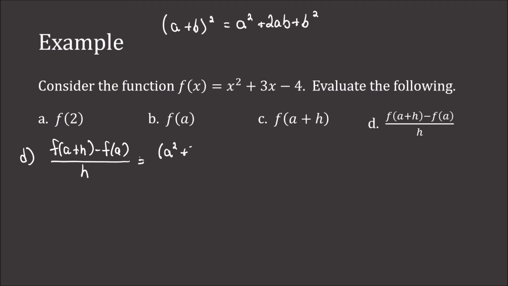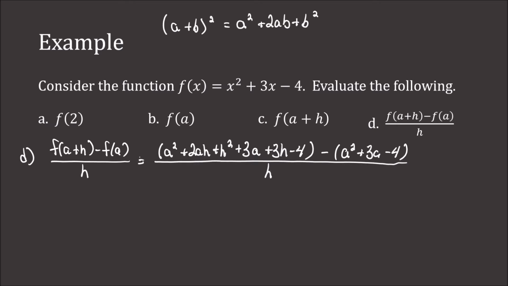That was a squared plus 2ah plus h squared plus 3a plus 3h minus 4. We also already found f of a, that was a squared plus 3a minus 4. Now that whole thing is going to be divided by h. Well, we have an a squared here, and we have a minus a squared, so they're going to drop out. We have a plus 3a, we have a minus 3a, they're going to drop out. Then we have a minus 4 and a minus minus 4, so they drop out.